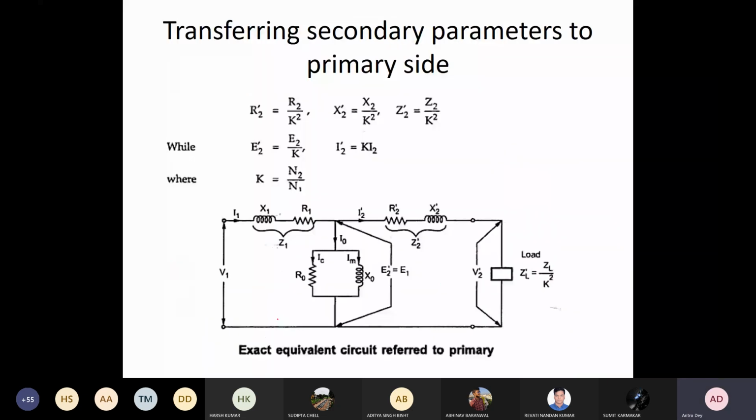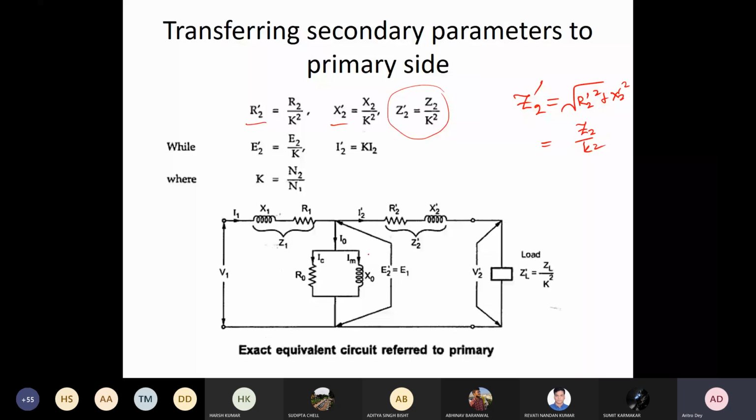So if R2 dash is like this, x2 dash is like this, you can get z2 dash in the same way, because z2 dash is equal to root over R2 dash square plus x2 dash square. So z2 by k square, okay. So then your overall thing you can write like this.